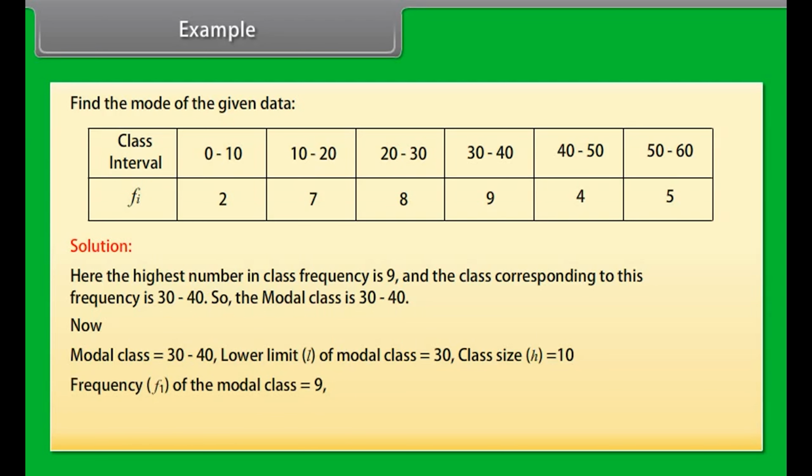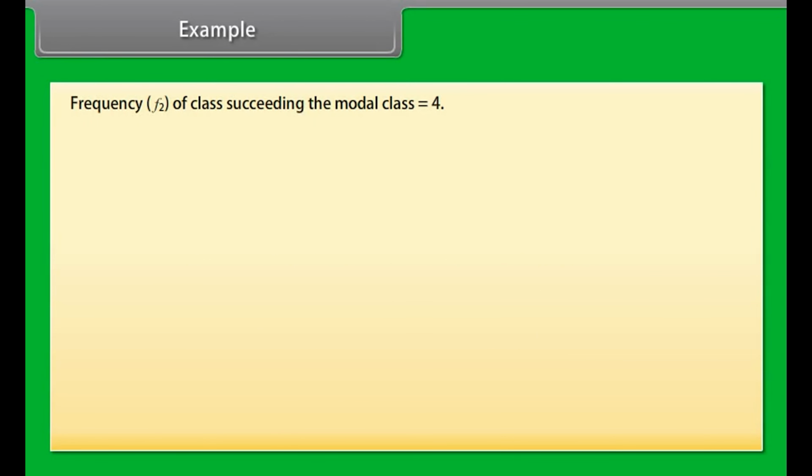Frequency f1 of the modal class equals 9. Frequency f0 of the class preceding the modal class equals 8. Frequency f2 of the class succeeding the modal class equals 4.